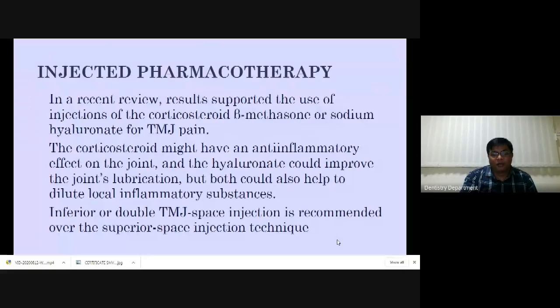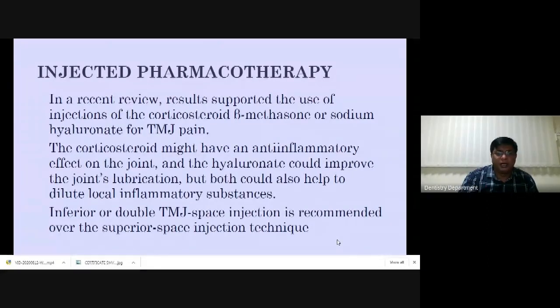This is injected pharmacotherapy, which is mainly done by oral surgeons or sometimes by oral medicine specialty people. But it should be reserved for the end, as I said, 85 to 90% of TMDs will recover spontaneously. And if it is not occurring, your pharmacotherapy, that is conservative management, will take care.